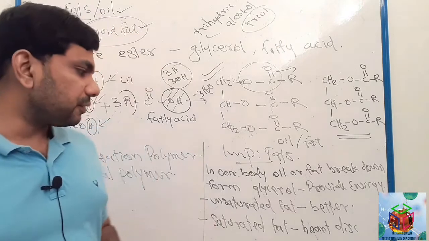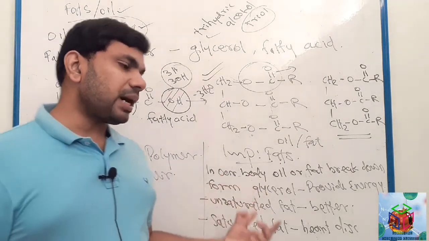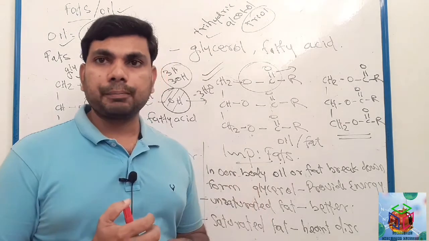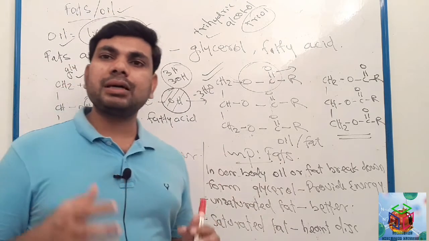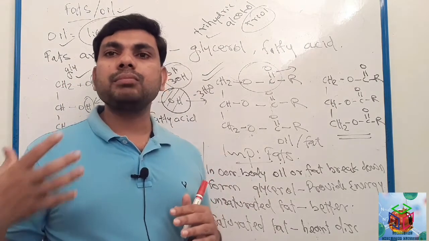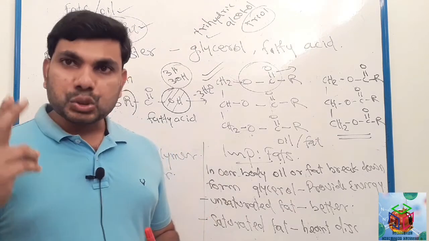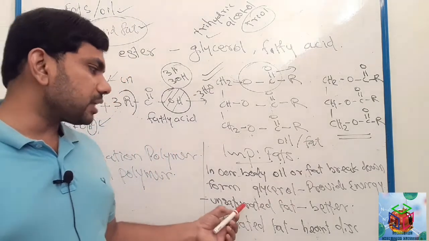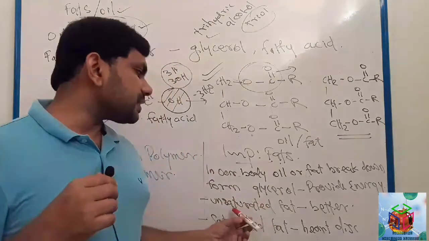So here, unsaturated fat is better for our body. First point I told you, oil or fat will break down in our body, form glycerol, and this glycerol provides energy. There are two different types of fat: saturated fat and unsaturated fat. Here unsaturated fat is better for our body.